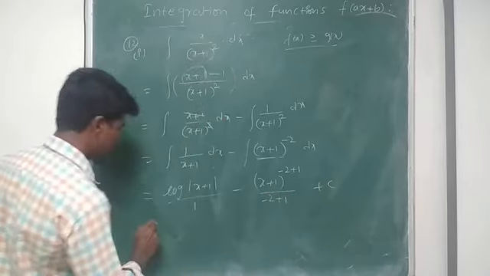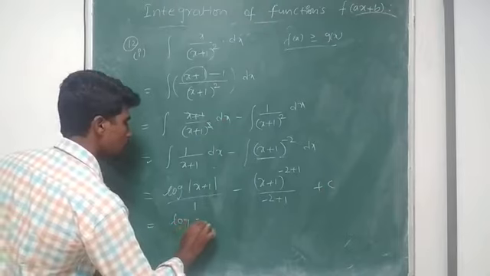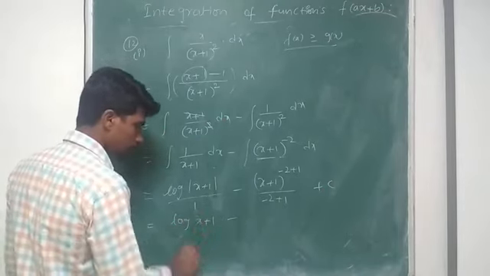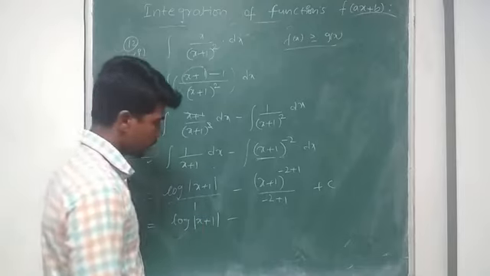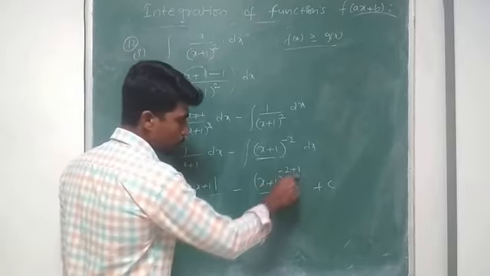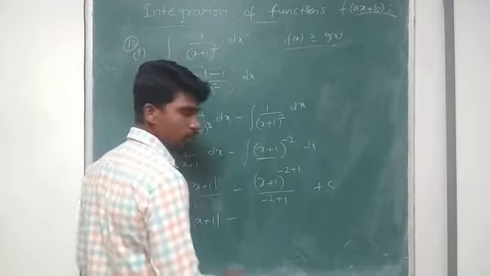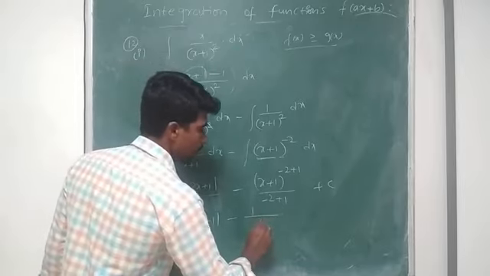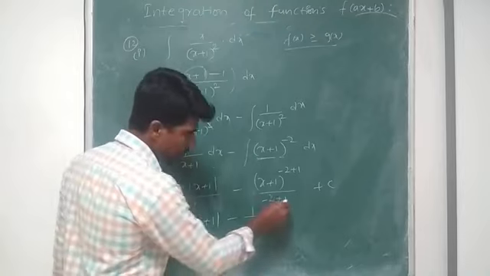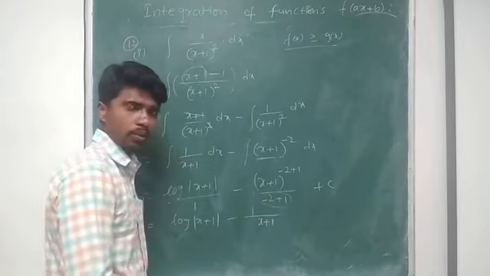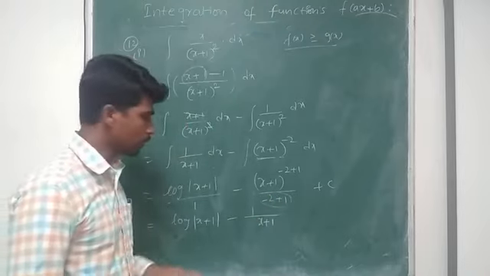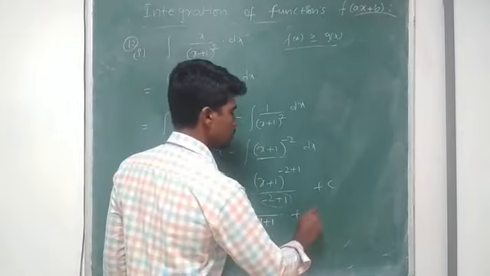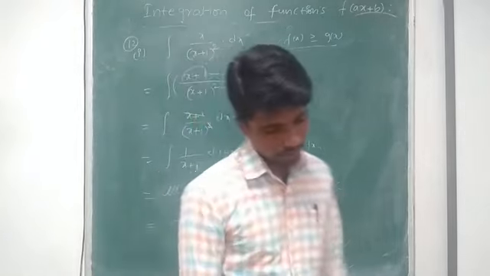So what is our final answer? Log of mod x plus 1 minus x plus 1 to the power of minus 1, which is nothing but 1 by x plus 1, and I have here minus 2 plus 1, which gives minus 1. So minus 1 into minus, plus c. Okay.